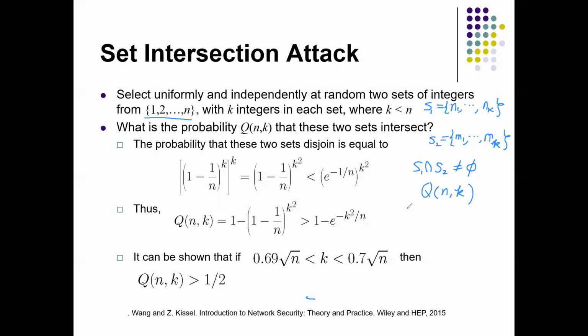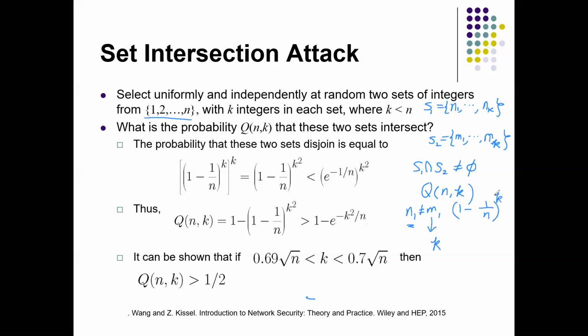We know that for N1 equal to M1, the probability is 1 over N. So this is uniform at random. If they are not equal, then the probability is 1 minus 1 over n. So fix n1, you let m1 go for k of them.